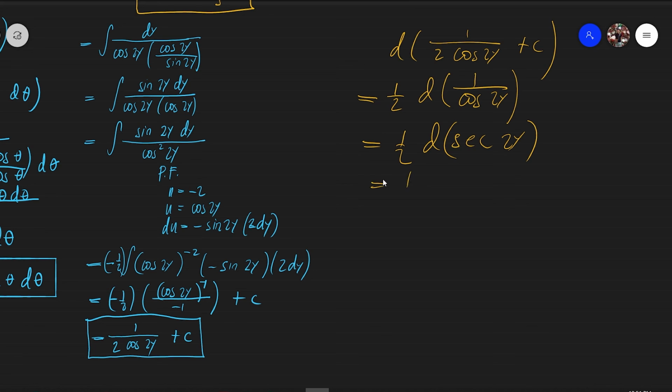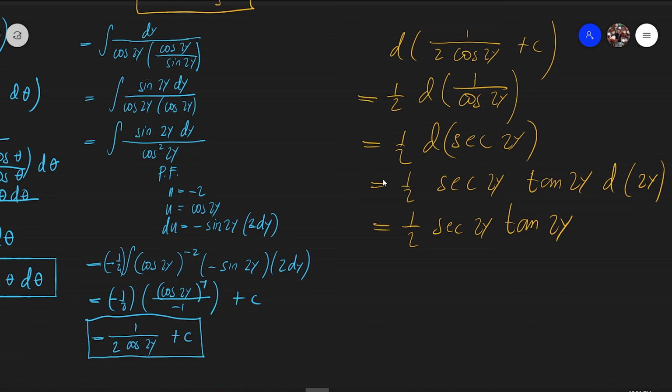So this is equal to 1/2. The differential of secant is secant 2y tangent 2y times the derivative of 2y. So simplifying this further, this is 1/2 secant 2y tangent 2y, and the derivative of 2y is 2 dy. So your 2 and 1/2 will cancel out.